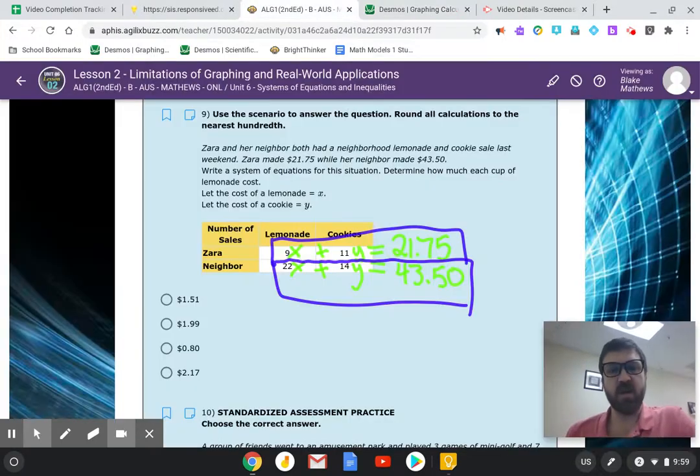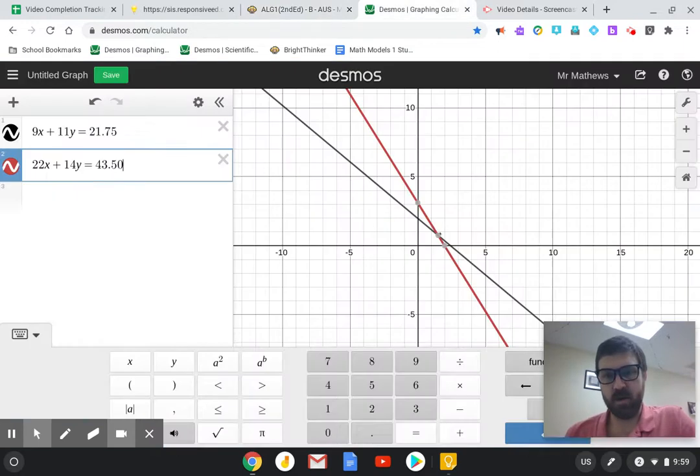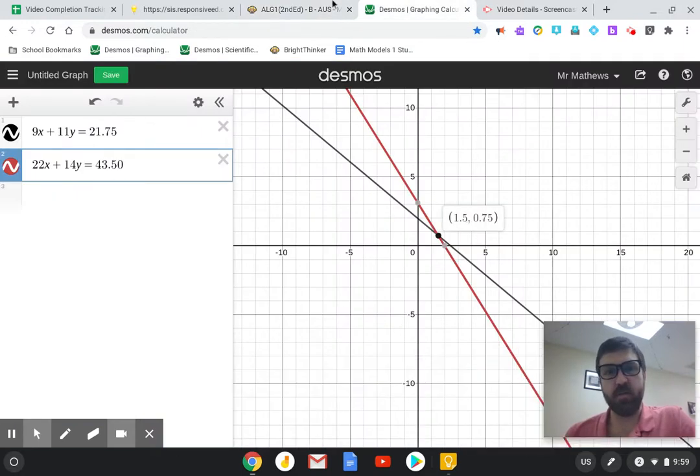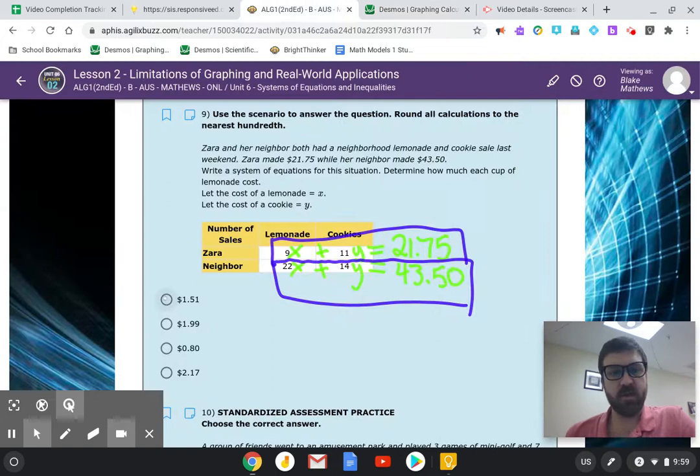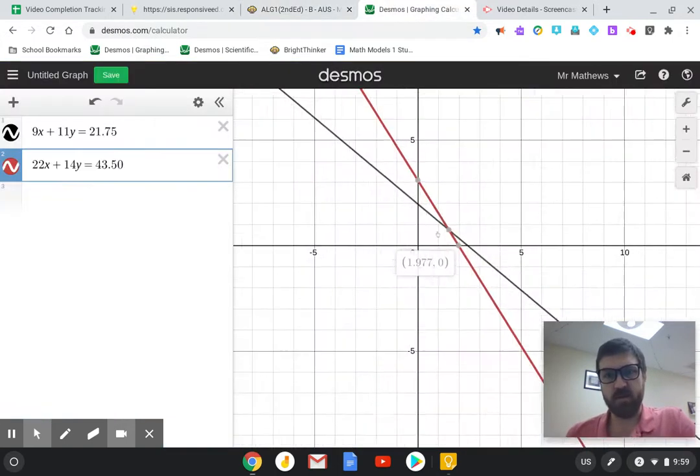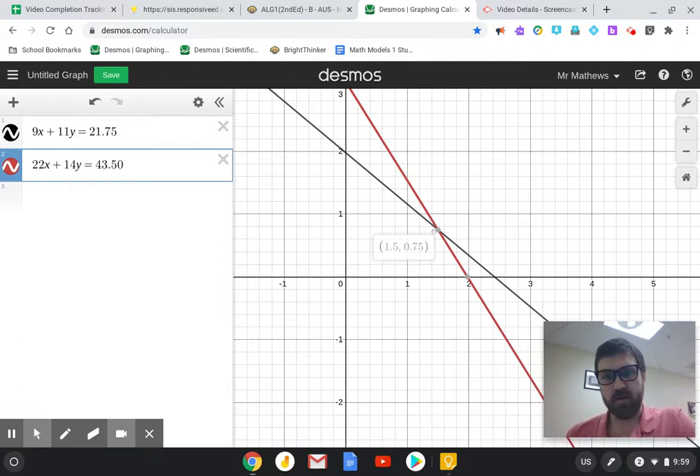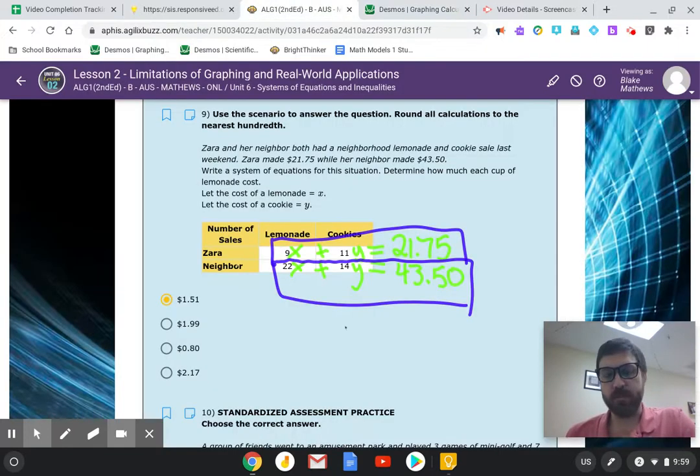Determine how much each cup of lemonade costs. So lemonade is x. We go here, we find the intersection point, and x is 1.5. So that means the lemonade cost $1.51. It rounded it a little bit here on the graph, which is totally fine. So that's what I get.